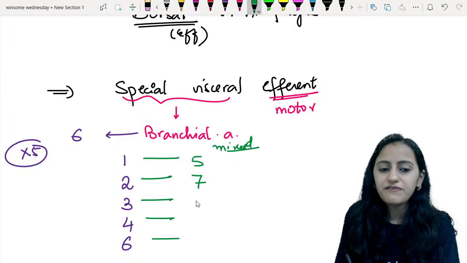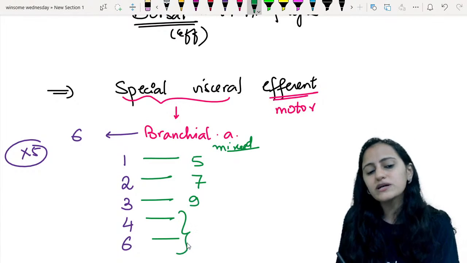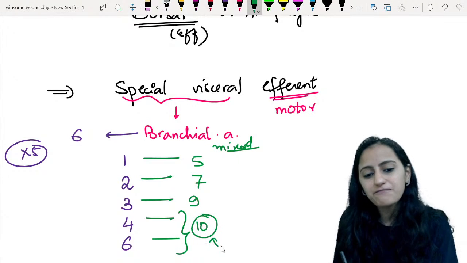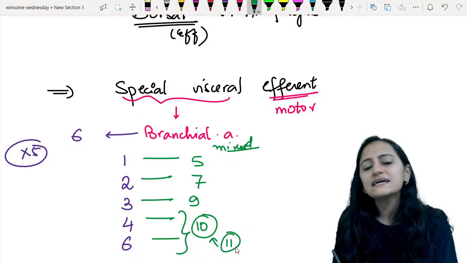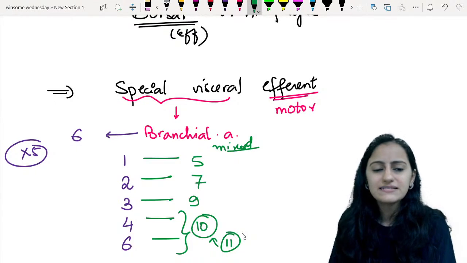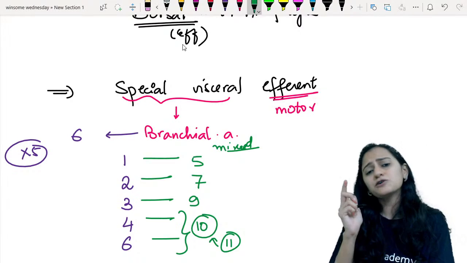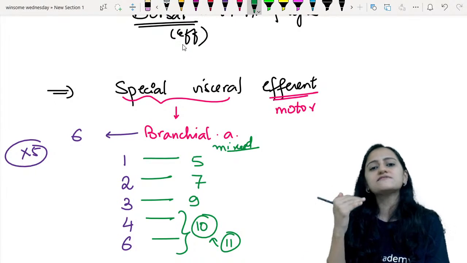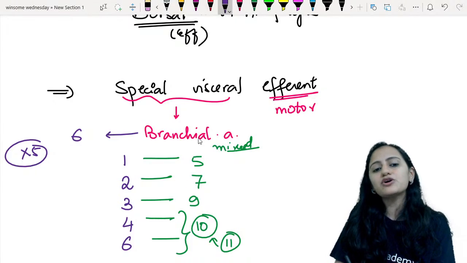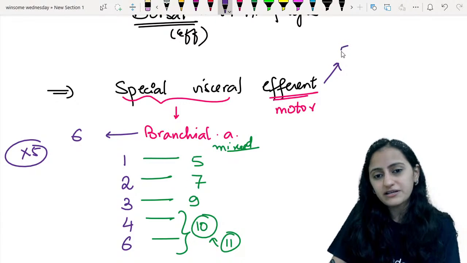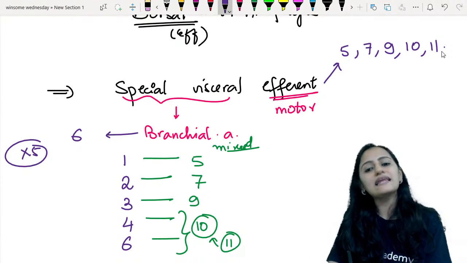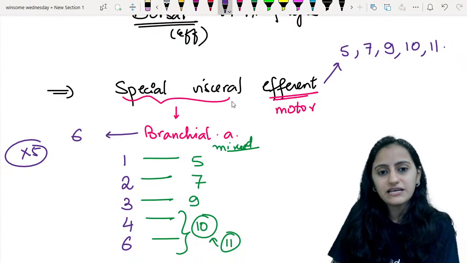We start with number 5. Odd numbers 5, 7, 9 and the lower 2, 4 and 6 are by your 10th. And you have plus few fibers coming from the 11th cranial nerve as well. Few fibers come from the 11th, that is the accessory nerve. So branchial arch, if you know the nerves 5, 7, 9, 10 plus few from 11, these will be your special visceral efferent.